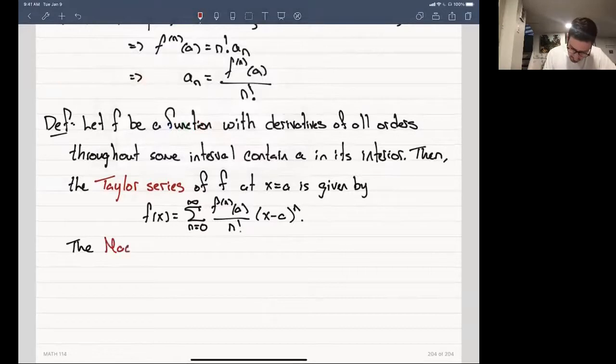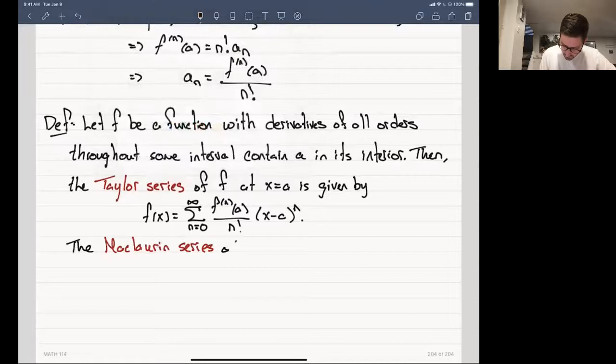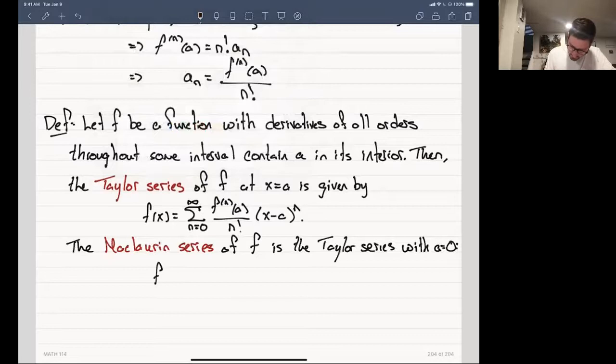So the Maclaurin series of f is the Taylor series with A equal to 0, which is f of x equal to the sum n equals 0 to infinity of the nth derivative at 0 divided by n factorial times x to the n.